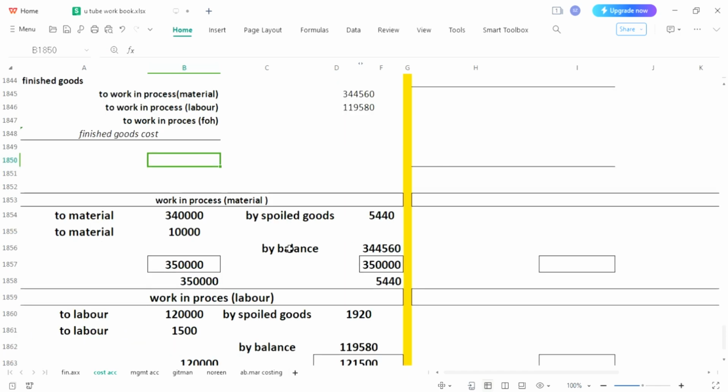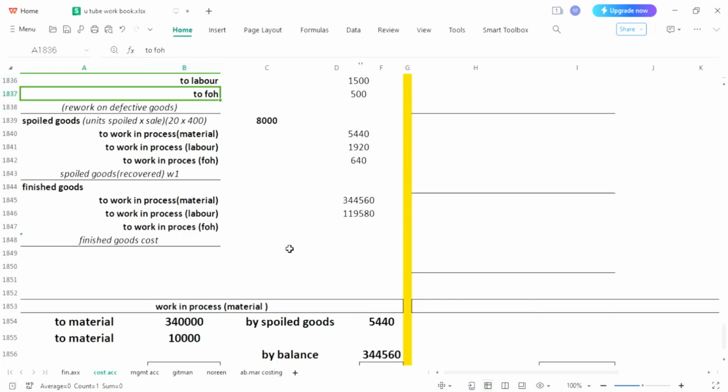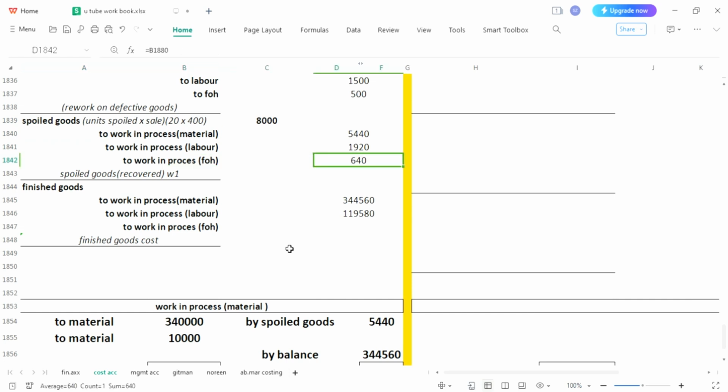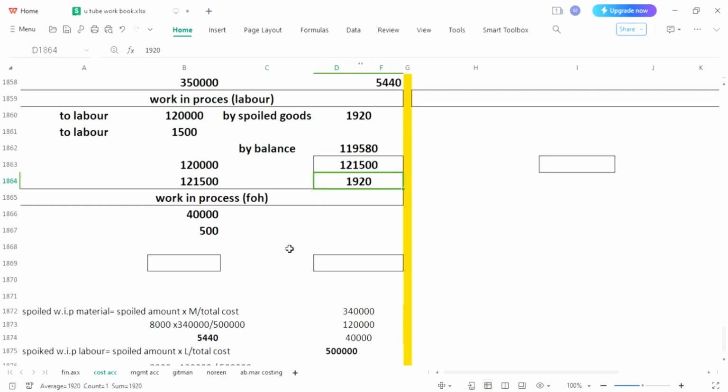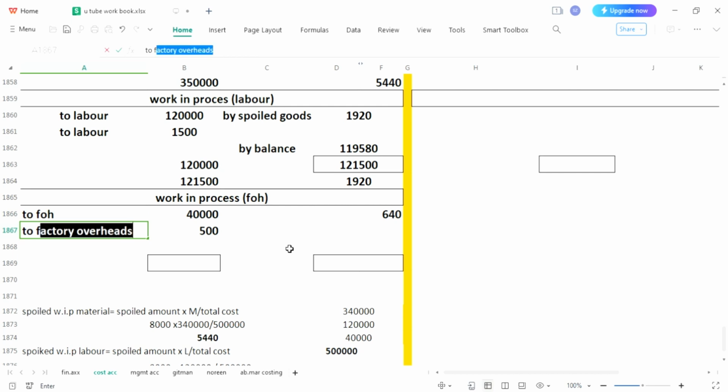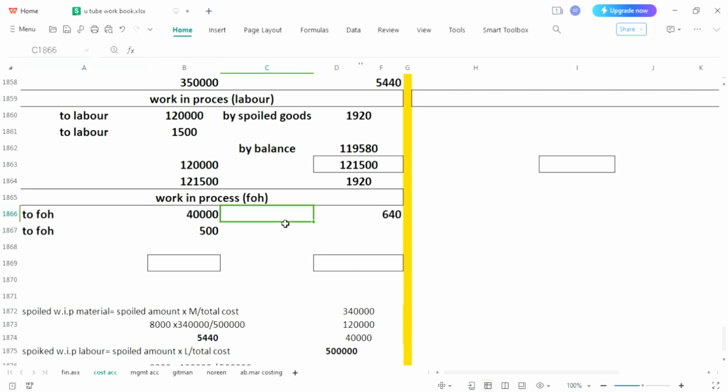Then in third entry, you will see work in process FH. Here work in process FH is present on credit side 640. So you will write 640 on credit side. Reference is same to FH, again to FH, and over here on credit side the reference would be by spoiled goods.